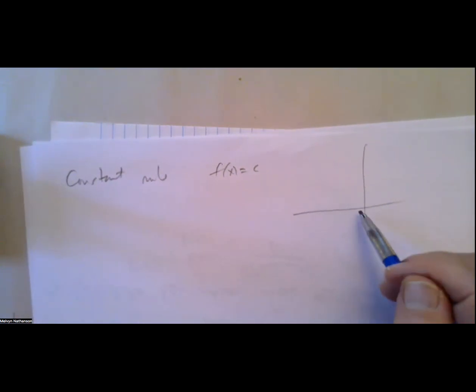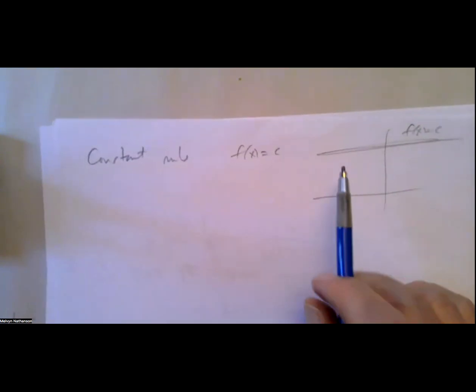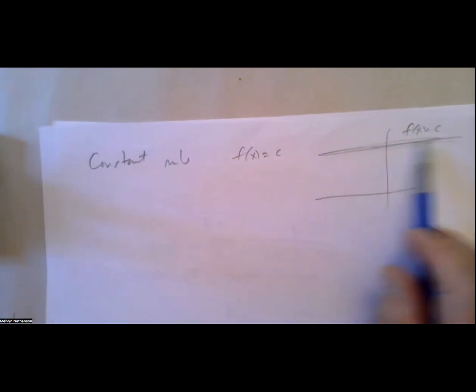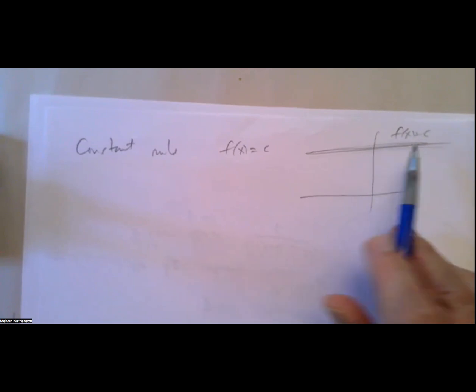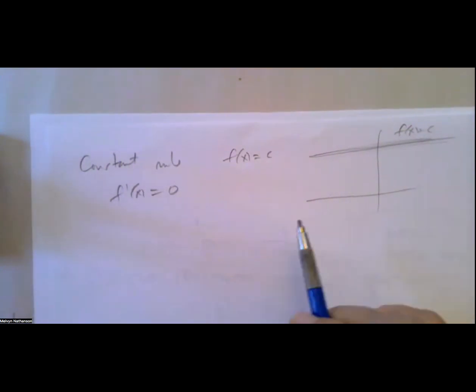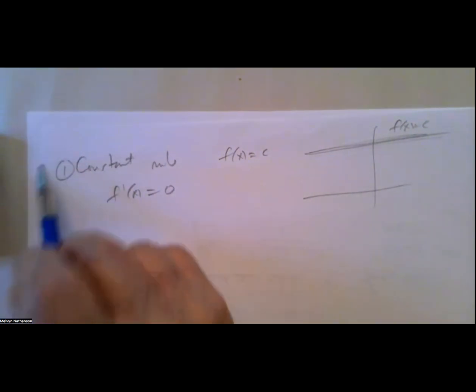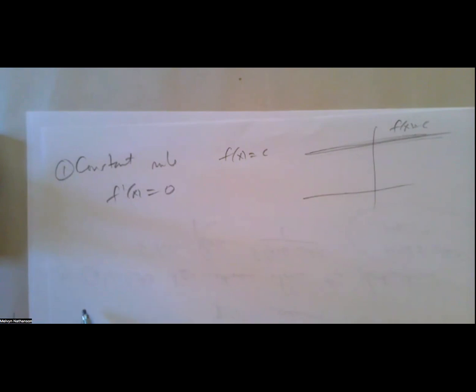So this is the graph, f of x equals c. It's a horizontal line. A horizontal line has slope 0. The tangent line to a line is the line. So f prime of x is 0. Right? The tangent line is horizontal, has slope 0. So that's the constant rule. That's kind of obvious.